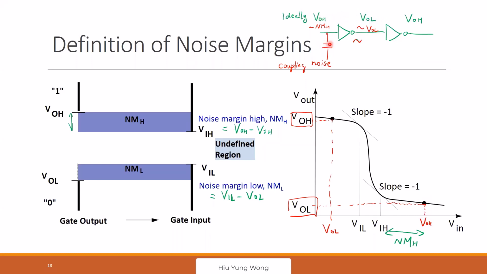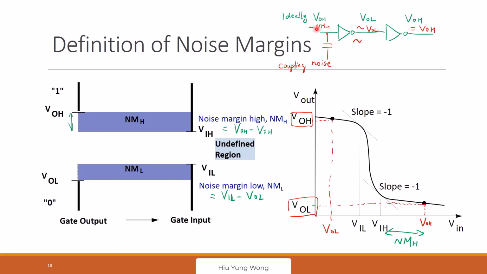Now, because of coupling noise, my input is actually VIH, VOH minus NMH. Yeah, the output increased a little bit, but before this slope, output is still approximately VOL. Correct? And if this is about VOL, then after this stage, this output definitely is VOH. So this noise does not affect anything.